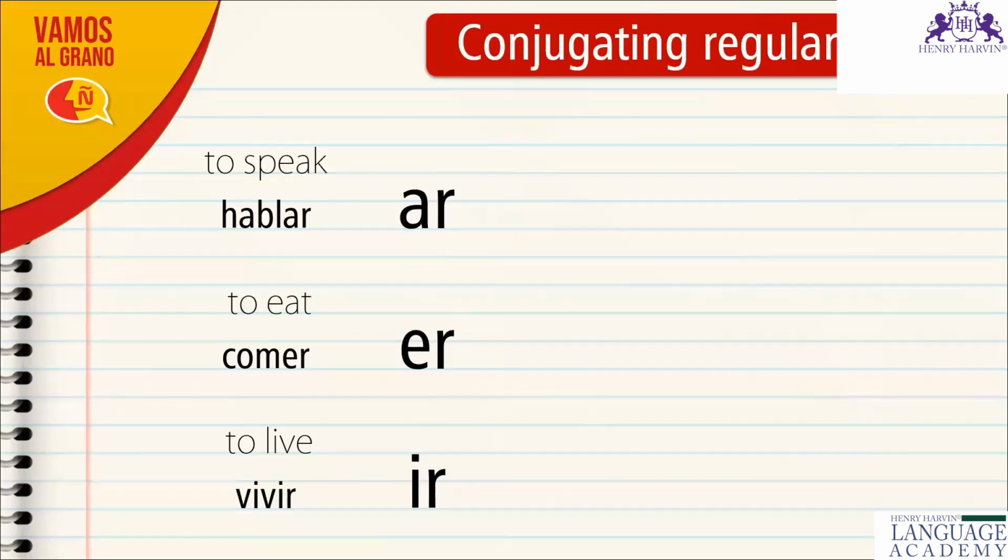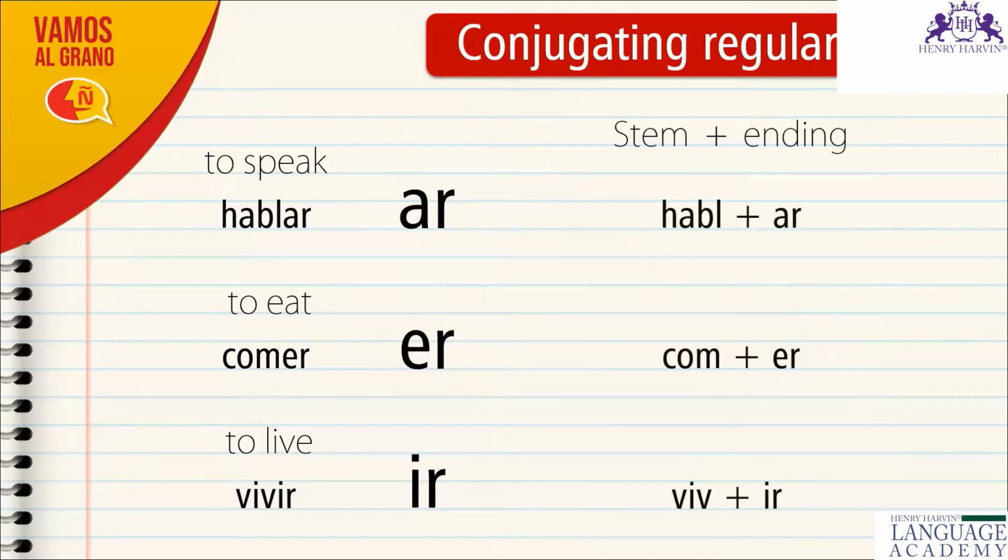Now, as you can see, Spanish verbs have two parts, the stem and the ending. And this applies for both regular and irregular verbs. Have a look at the stem and endings of these three regular verbs. Very easy, right?